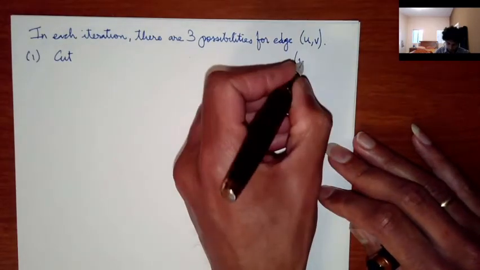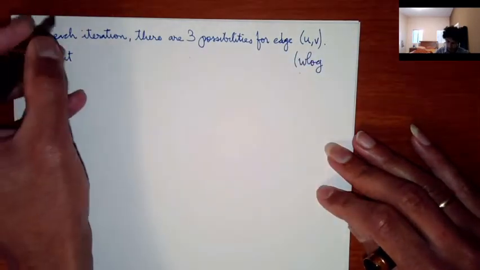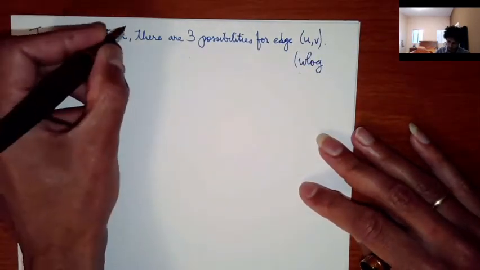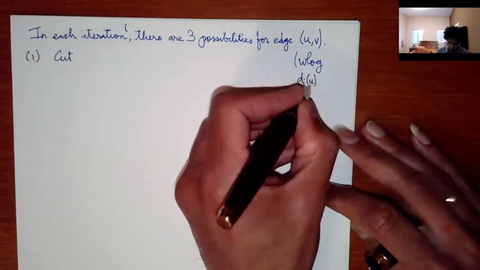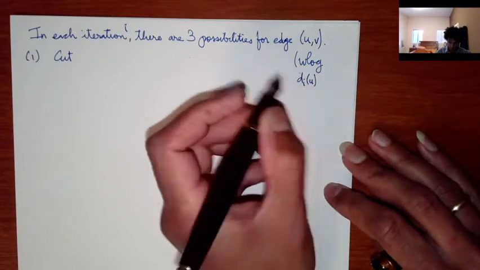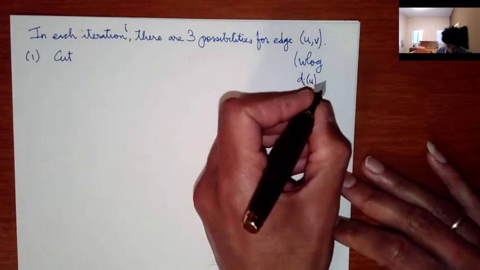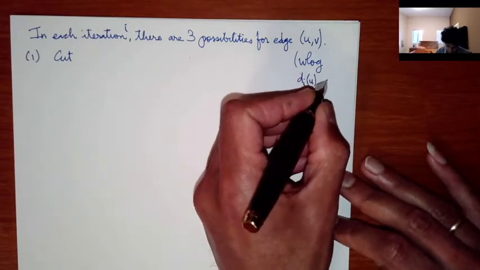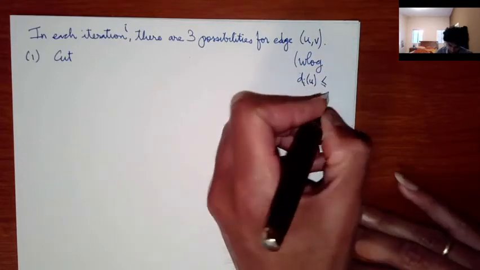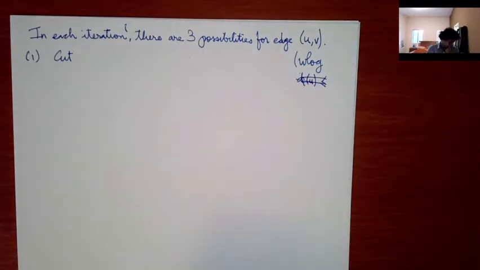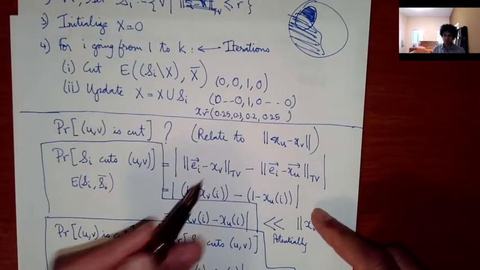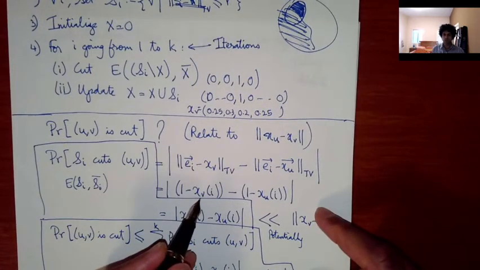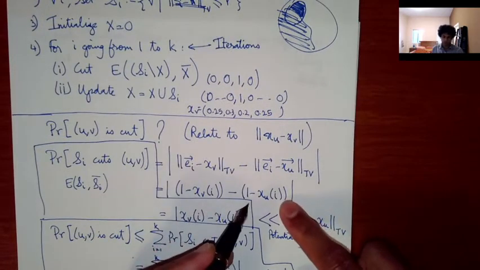Let's say, without loss of generality, in the ith iteration, remember we said that the distance is just 1 minus x_vu, and this is 1 minus x_uv.